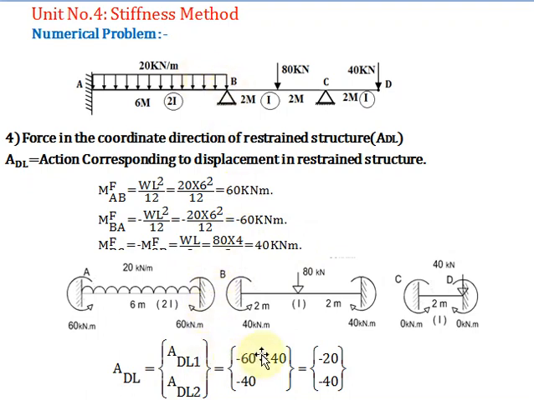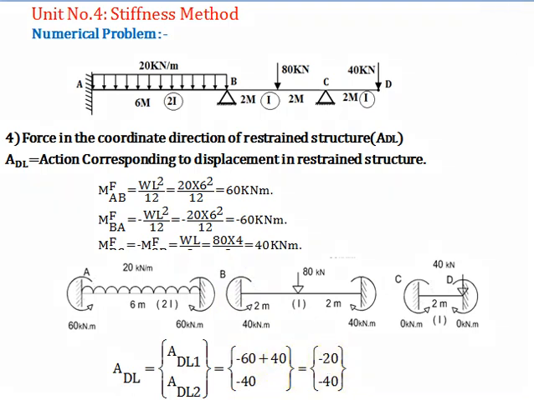At support B, there are two moments, the fixed moment in member BA and the fixed moment in member BC. The fixed moment in member BA is clockwise, so minus 60, and the fixed moment in member BC is anti-clockwise, so plus 40. So minus 60 plus 40, the value is minus 20.